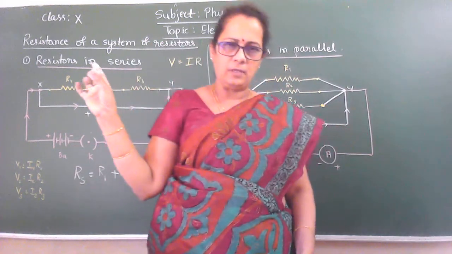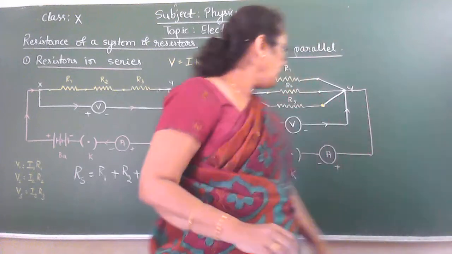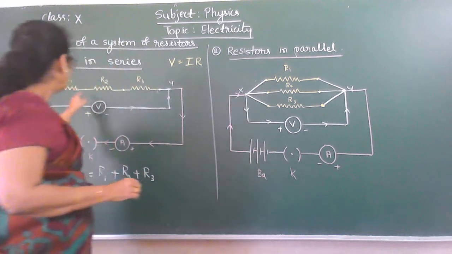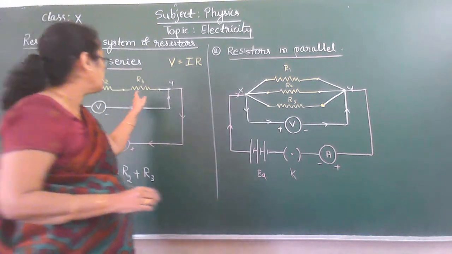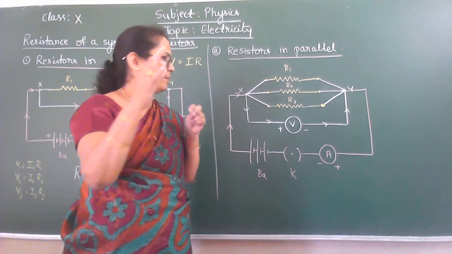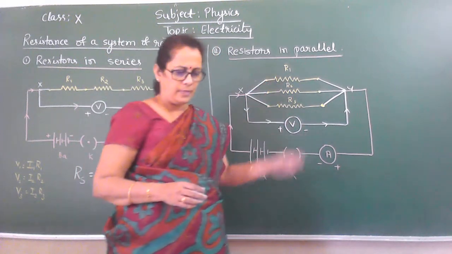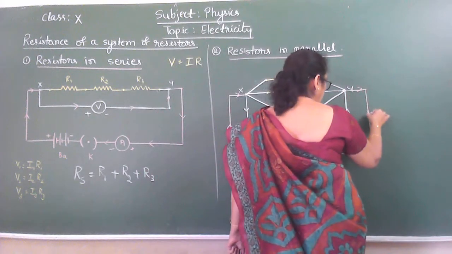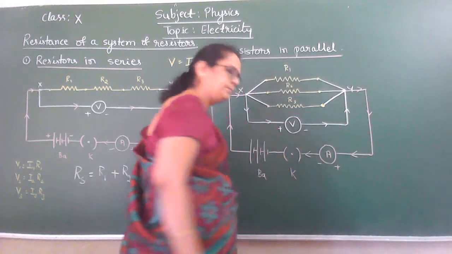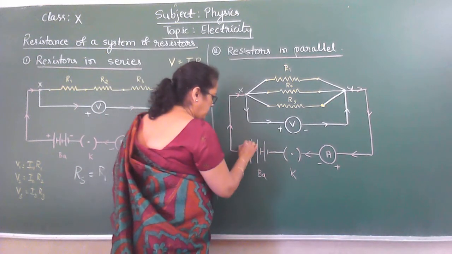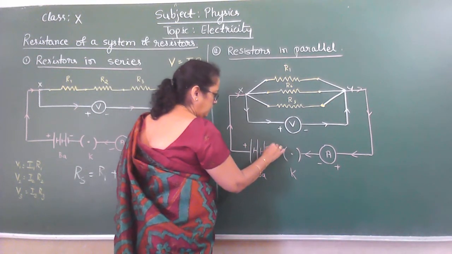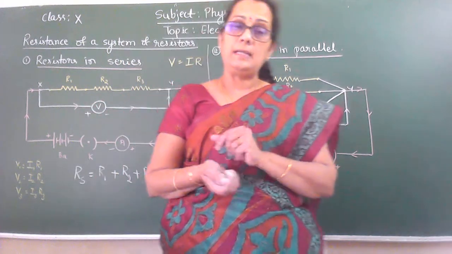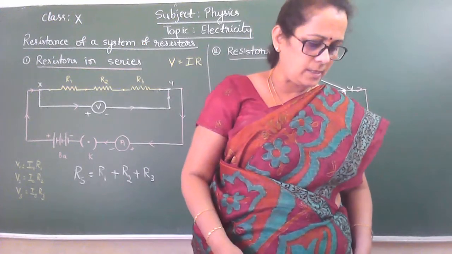If you observe, only the resistor arrangement changes: in series R1, R2 are side by side, here one below the other. And as I told you, mention the arrow mark. The big line shows positive and the small line indicates negative. So this is the parallel connection of the resistors.